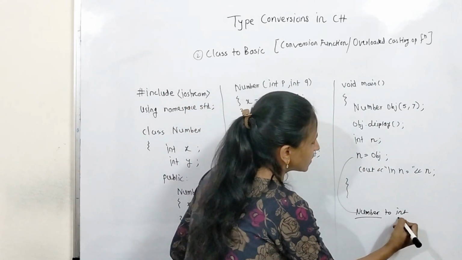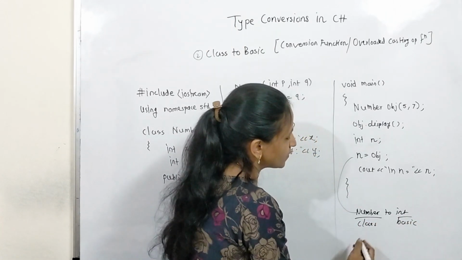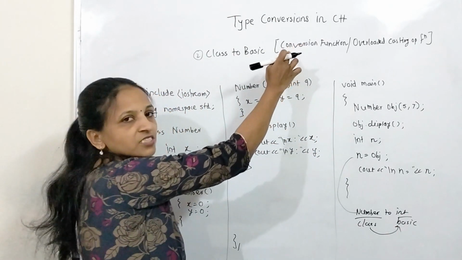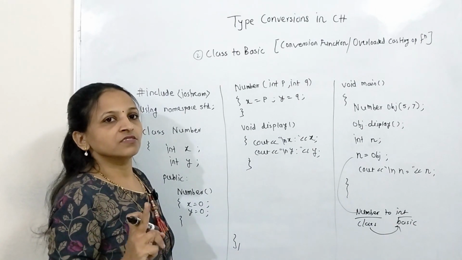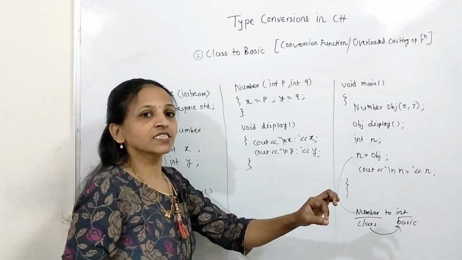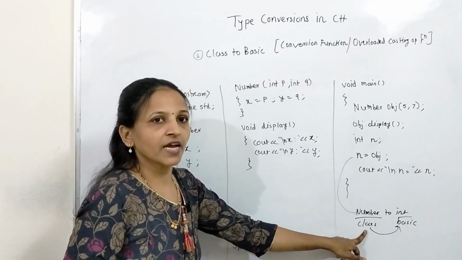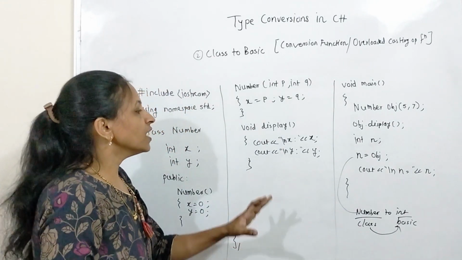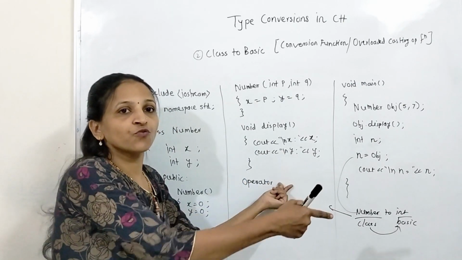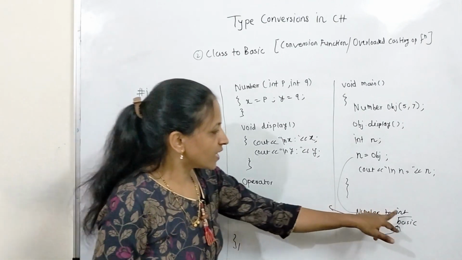Number is a class and int is a basic data type, means class to basic. To achieve this, we have to write a conversion function. We have already seen the syntax that we have to write inside that class. Now how to write that? First we have to write the operator keyword, then the data type to which you want to convert an object of this kind. The data type is integer.